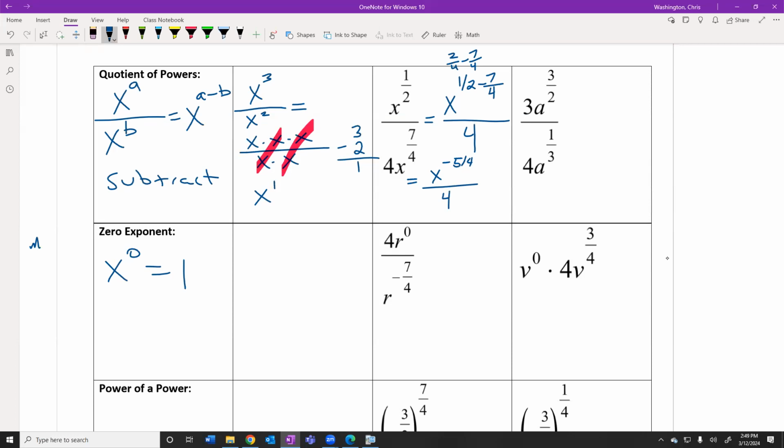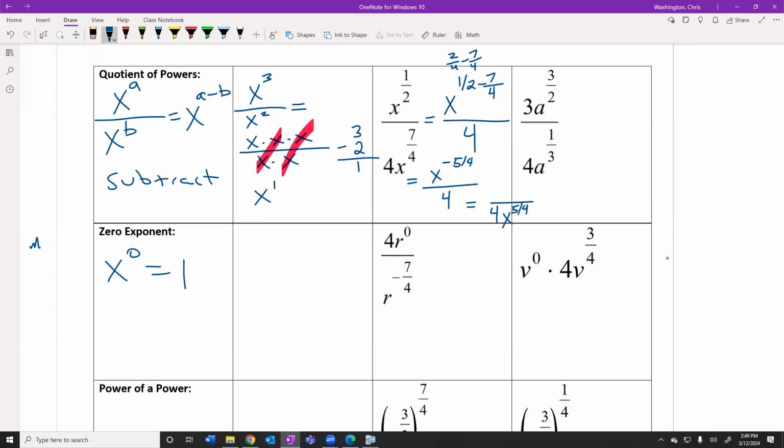When we subtract the exponents, that always goes in the numerator: the top exponent minus the bottom exponent. If it's negative, though, we need to make it positive. So we're going to move the x to the negative 5 over 4 to the denominator with the 4, and it becomes positive 5 over 4.